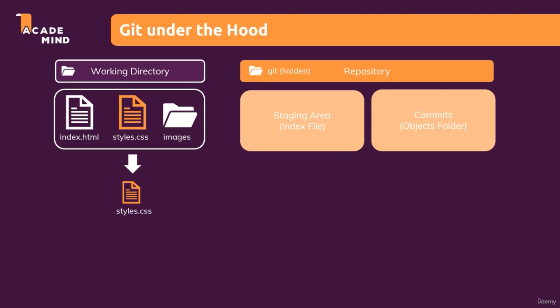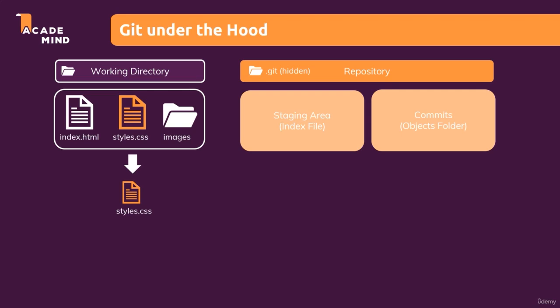Why do we have these two areas here? If we again think about the style CSS file, we want to create a commit which tracks the changes made to this file. So we can tell Git, and we'll see in this course how this works, that the new commit should contain all changes made to this style CSS file.